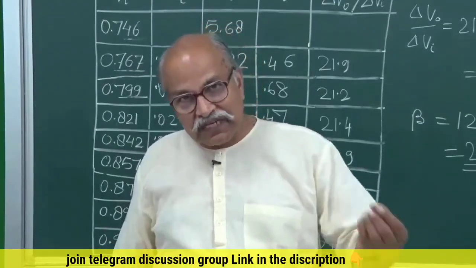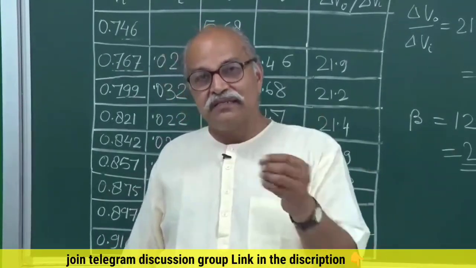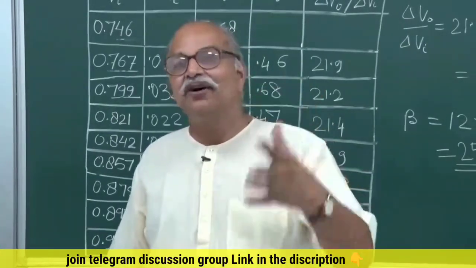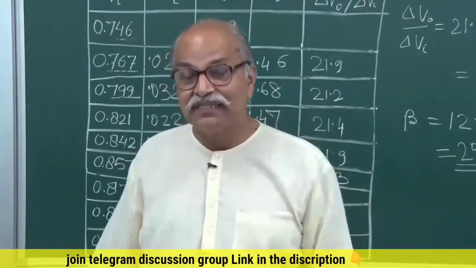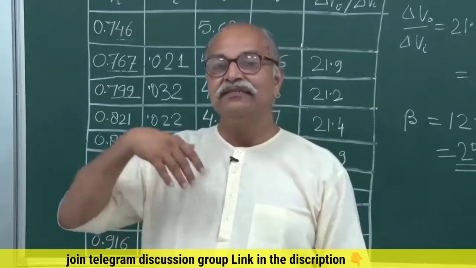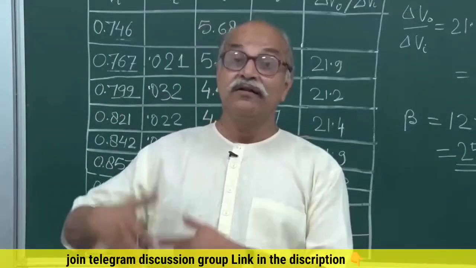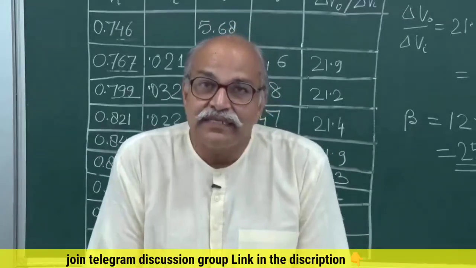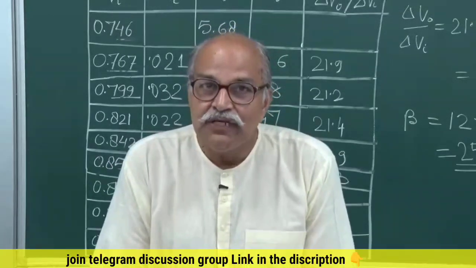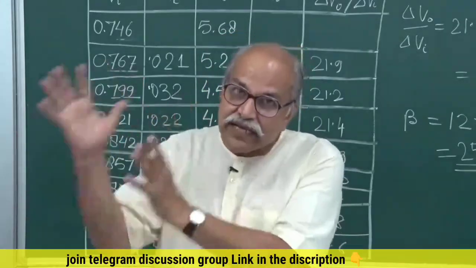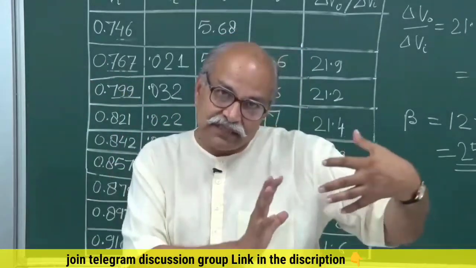The current that goes through the base, that IB, is still a few tens of microamperes, whereas in the output part, the collector part, that could be 200 times more. So when we use a transistor as a switch, what we do is we control this output circuit through this input.